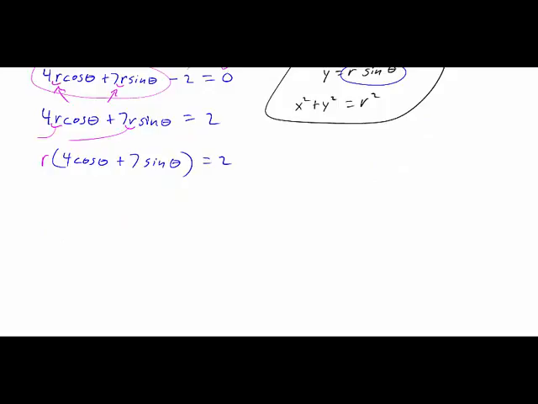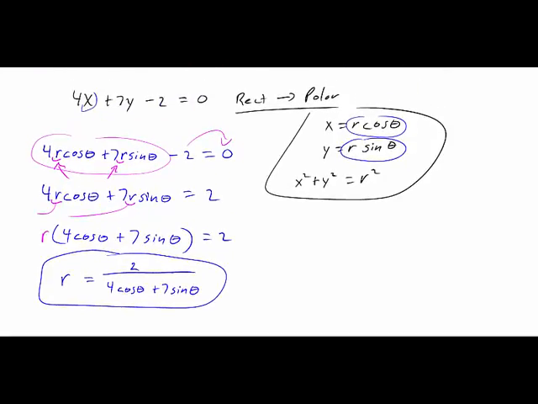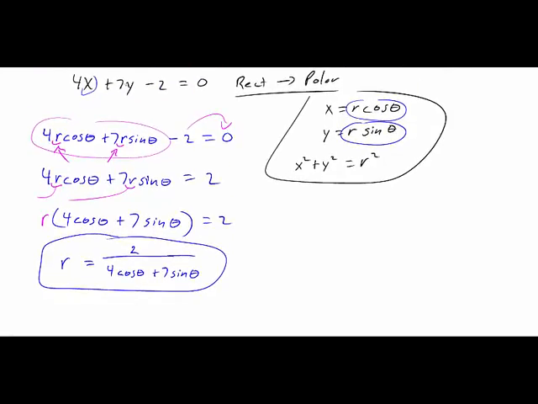So if we divide away, we're left with r equals 2 divided by 4 cosine theta plus 7 sine of theta. And really at this point, this is about all the simplification we can do. So this would be our polar equation for the rectangular equation 4x plus 7y minus 2 equals 0.